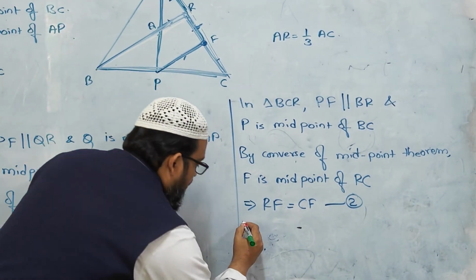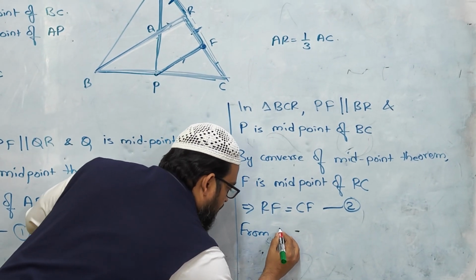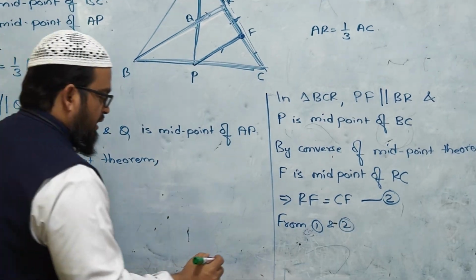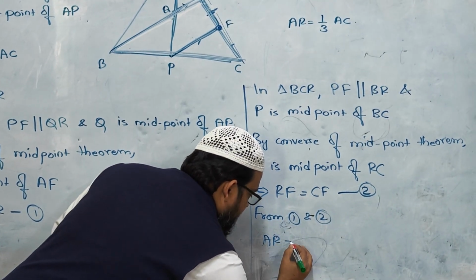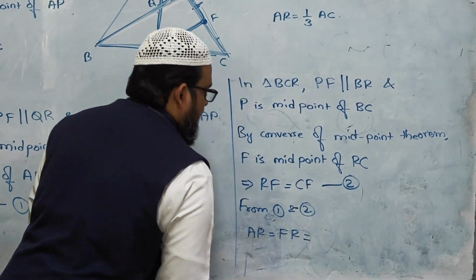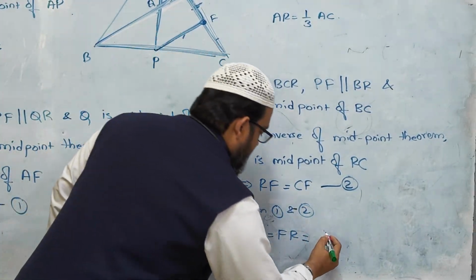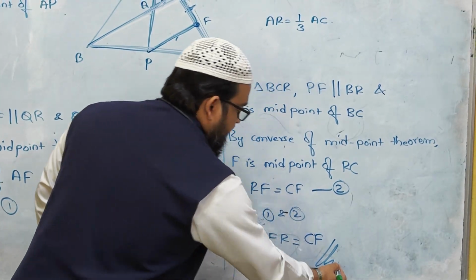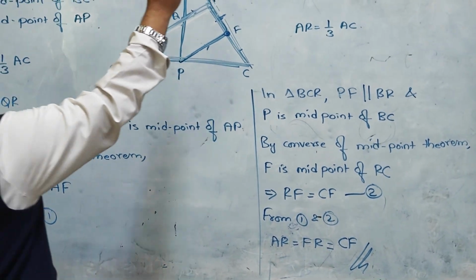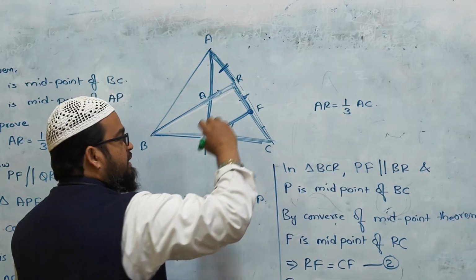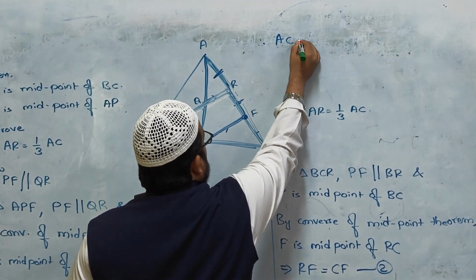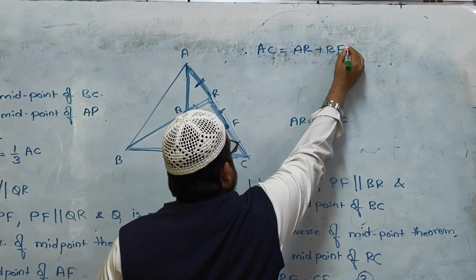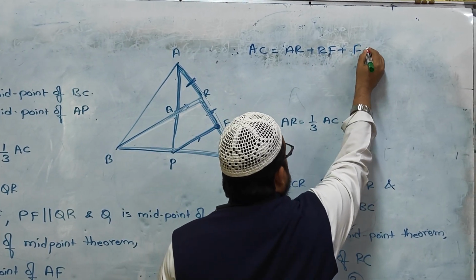So now from 1 and 2. What is 1? AR is equal to FR. That is equal to CF. Understood or not? So is it trisected? Yes. So therefore, you can write AC as AR plus RF plus FC.